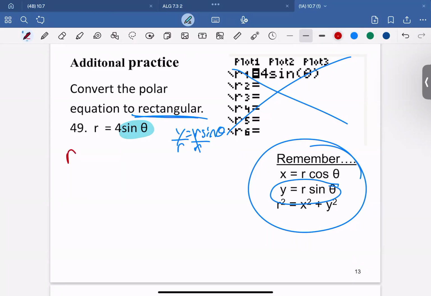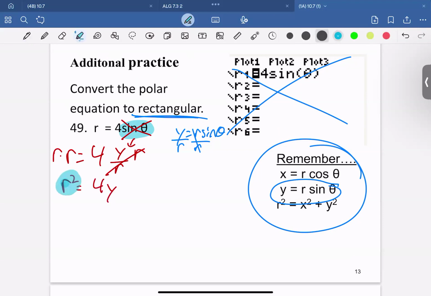So we're going to do R equals 4, and instead of sine theta, we're changing it to be Y over R like this, okay? And now we're going to try to substitute for Y or solve for Y because we're trying to make it rectangular. So I'm going to multiply by R, which gives me R squared equals 4Y.